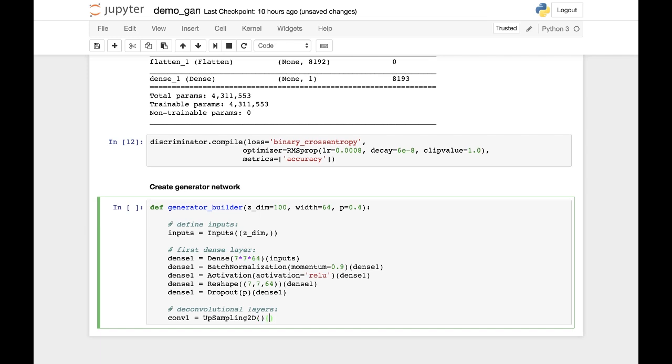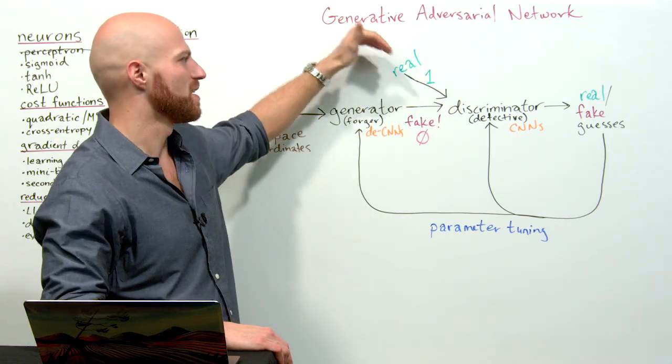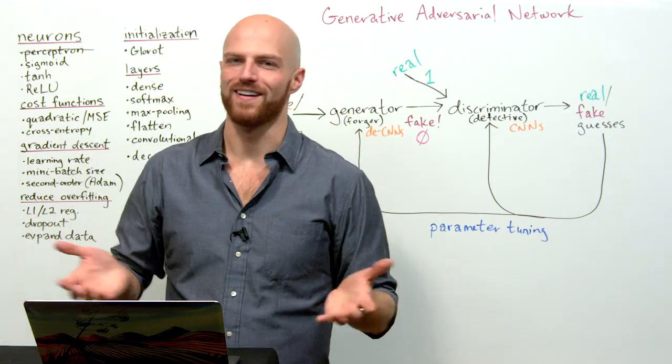This upsampling part of the layer is going to take the 7 by 7 image and upsample it to make it a little bit larger. We're going to do this a number of times through the generator, as I've said a few times, so that we have this 28 by 28 by the time we get to the discriminator. And the reason we're using 28 by 28, of course, is because the real images are 28 by 28. So we need to make sure that we're setting up this architecture in a way so that the real and fake images are the same size.